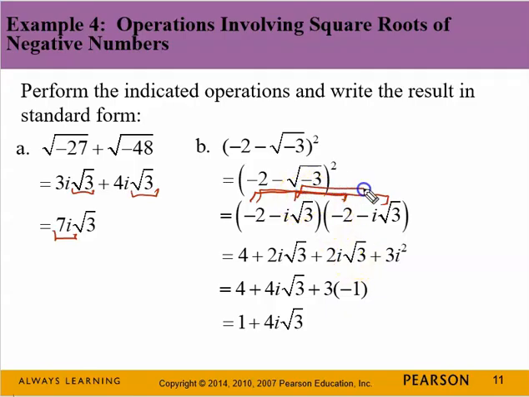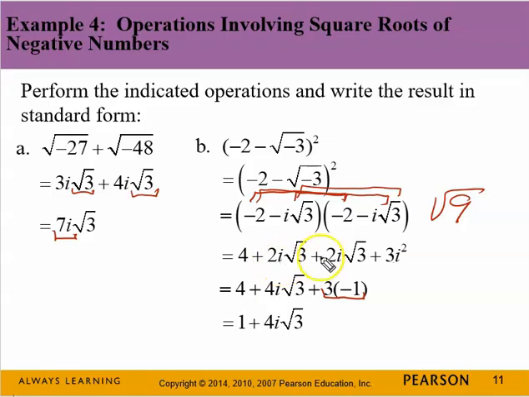And then the last, this is interesting now, negative i times negative i, that's going to be your i squared. And the square root of 3 times the square root of 3 is the square root of 9. That becomes the 3 there. Okay. So we know i squared is going to be a negative 1, so this ends up being a negative 3 here.